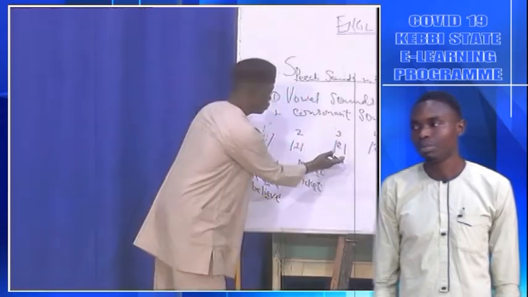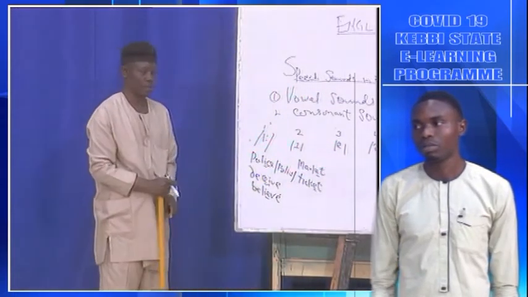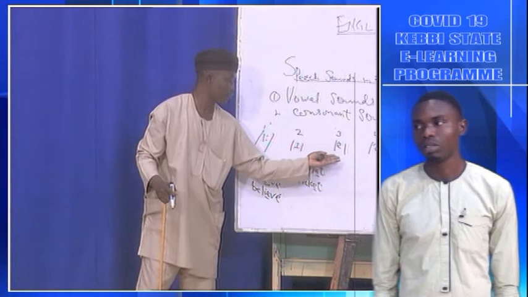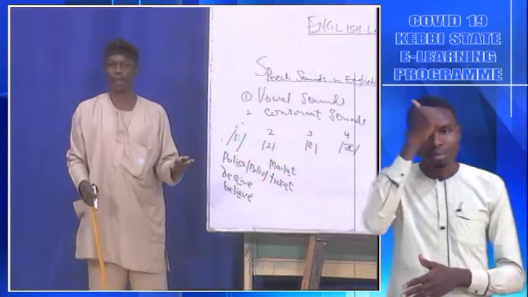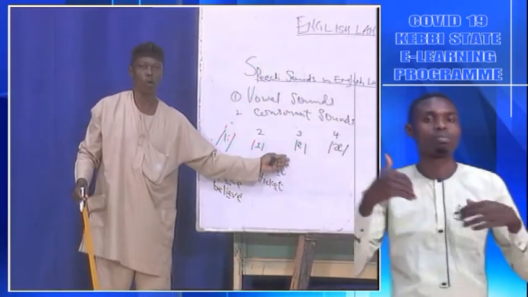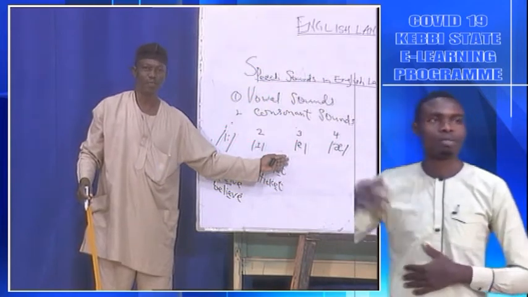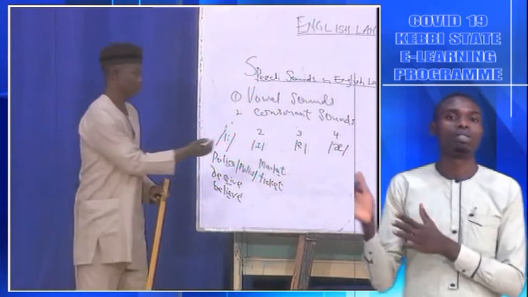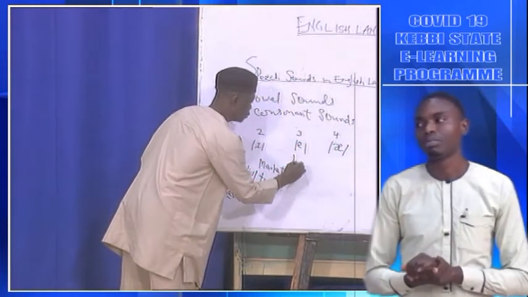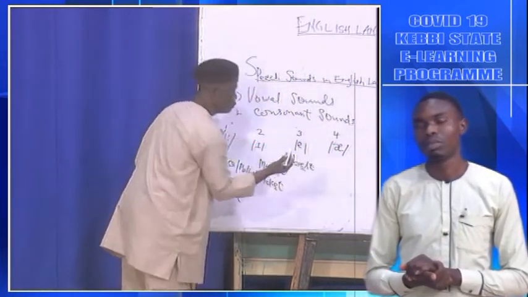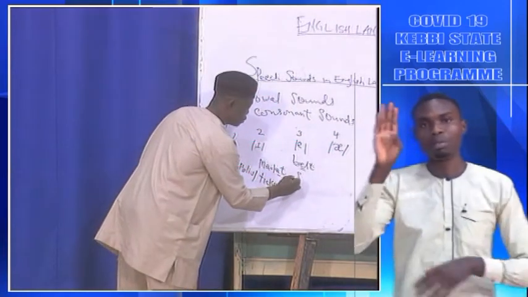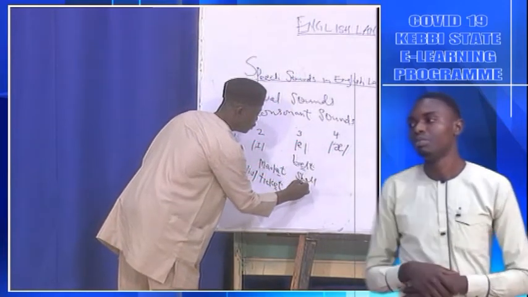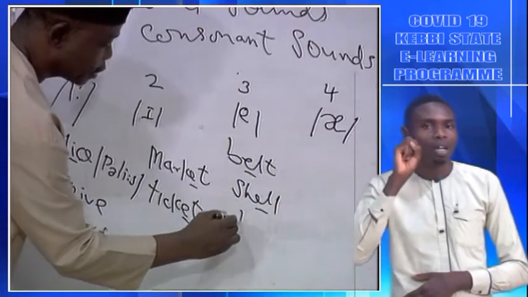Then let's go to this one, because all African languages have this sound. So we have little or very small problem in pronouncing or identifying this one. So as you say, "belt," "shell," "net."